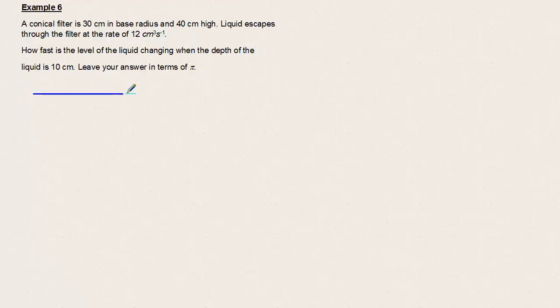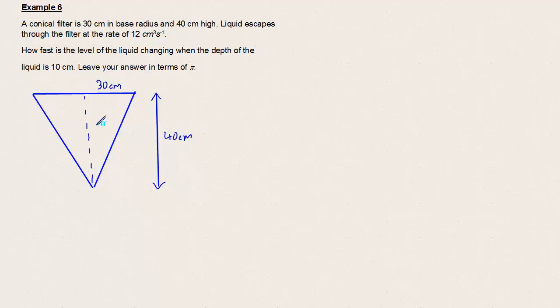So if it's a conical filter, from the side it's going to look like a triangle. And we're being told that the height is 40 centimeters and that the base radius is 30 centimeters, and that gives us proportions for any level of liquid in here because we can just use similar triangles.